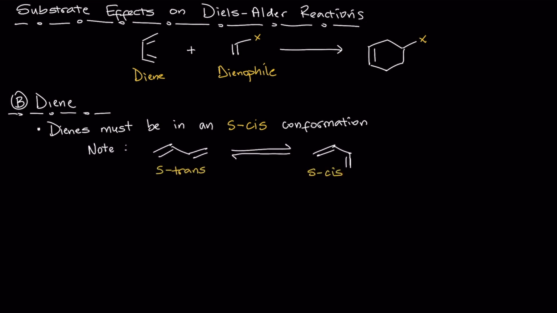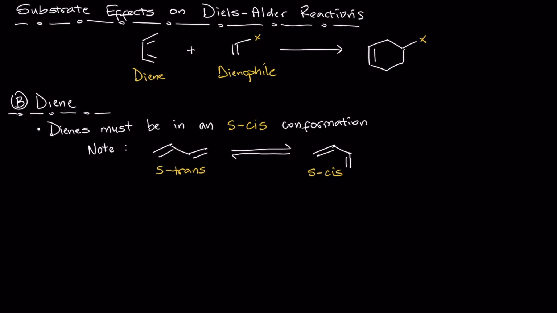And here's an example of a diene that can exist in the two major conformations of dienes. On the left, we have the S-trans. Notice the positions of the two double bonds around the single bond. And then that single bond can rotate, and you can then get the diene into an S-cis conformation.